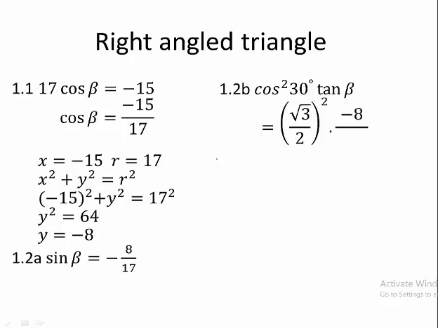Squared. That is what it is. So once you have cos squared 30 degrees written in that form, you can then write your tan beta, which is negative 8 over negative 15. And then once you solve the bracket there, you'll get your 3, because remember that when you have 2 square roots multiplying each other, you remain with the number inside. And 2 times 2 is 4, and then you have that as a positive value. Your solution for 1.2b will then be 2 over 5.